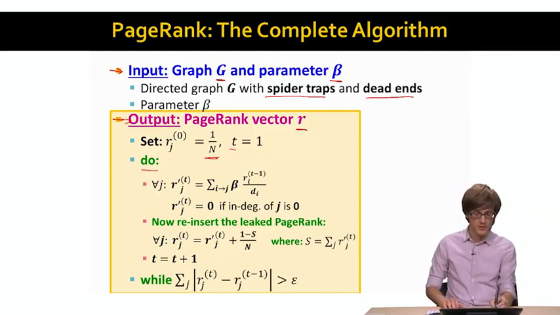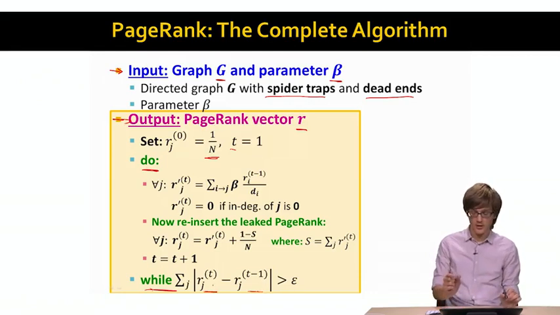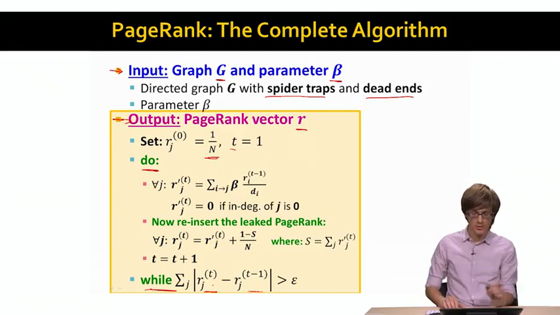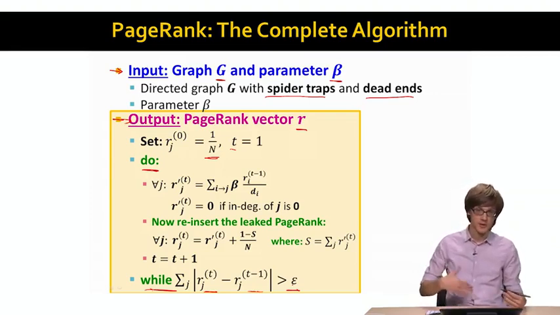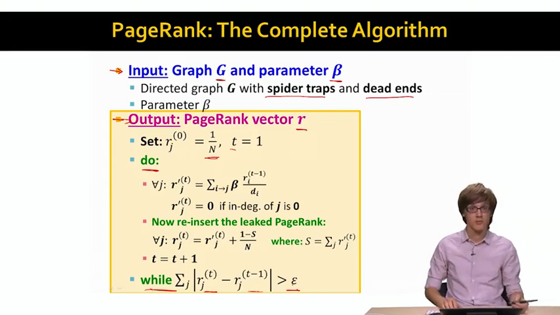Then we have a loop where we iterate until our PageRank vectors converge, which means that the individual entries between time step t minus 1 and time step t do not change by more than some small value epsilon. This epsilon is a user-set parameter, and depending on how small it is, that is the number of iterations the algorithm will need to converge. Okay, so now we have explained the outer loop.